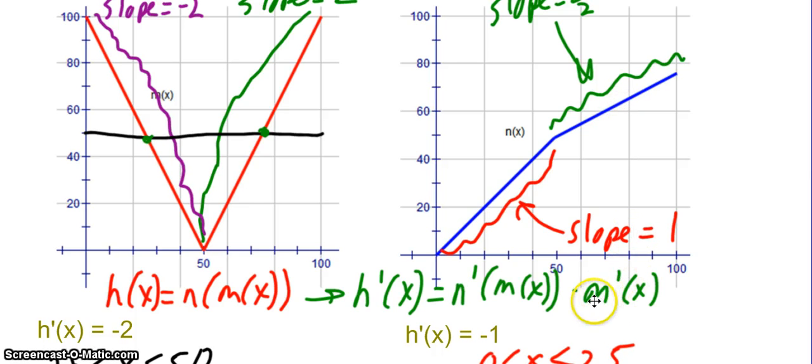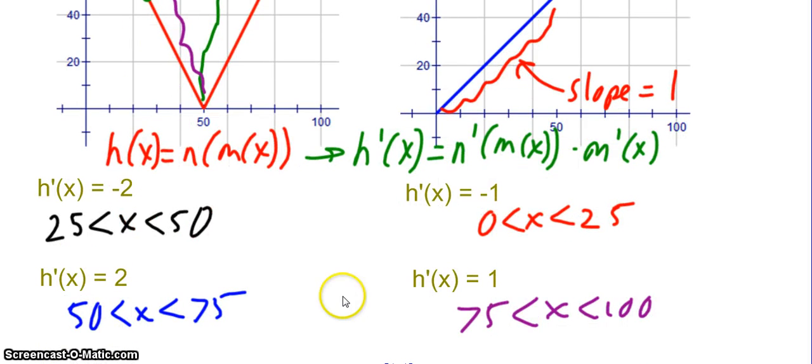What is m prime of 10? So what is the slope of the m graph when x is 10? That's negative 2. So I end up with 1/2 times negative 2. What's 1/2 times negative 2? That's going to be negative 1. So I picked x as 10, and I got an output of negative 1.